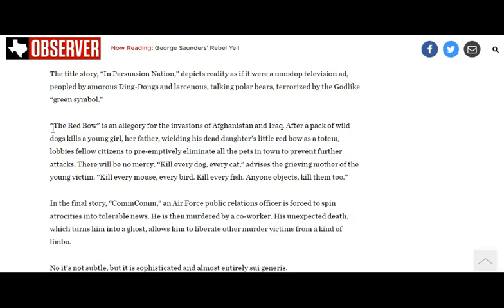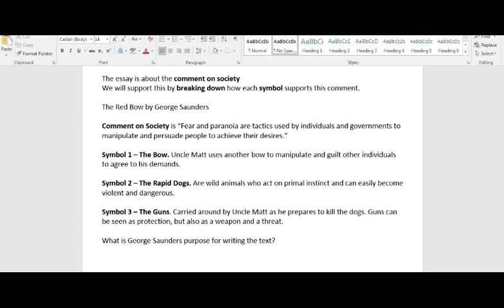Well, hang on, now this is great. This is something I can potentially use now. I can go back to my notes. So what is George Saunders' purpose for writing the text?